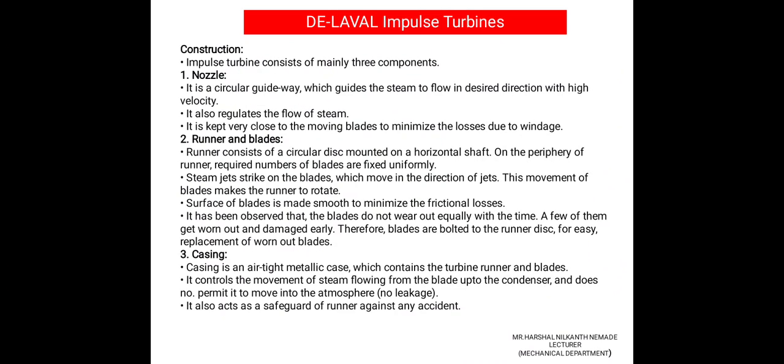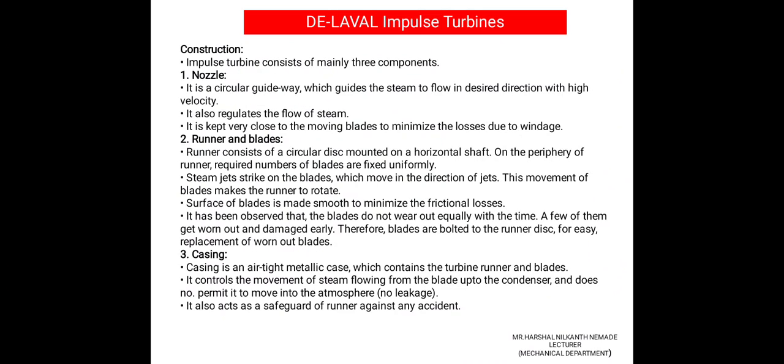Second one is runner and blades. Runner consists of circular discs mounted on the horizontal shaft. On the periphery of the runner, the required number of blades are fixed uniformly. Steam jet strikes the blade, which moves in the direction of the jet. This movement of the blade makes the runner rotate.